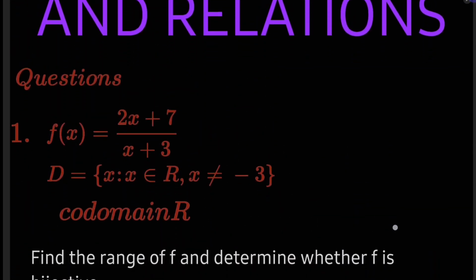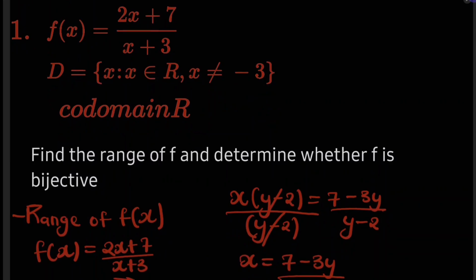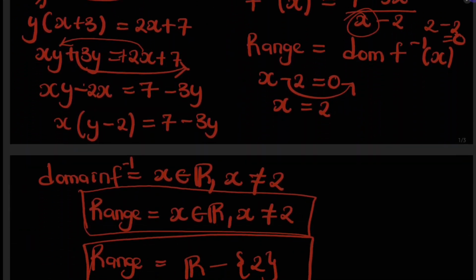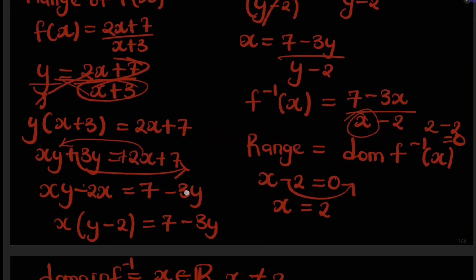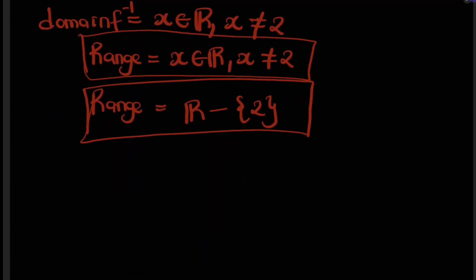Now we have to determine whether it is bijective or not. So our first step was the range of f of x. Now we need to determine whether it is bijective or not.